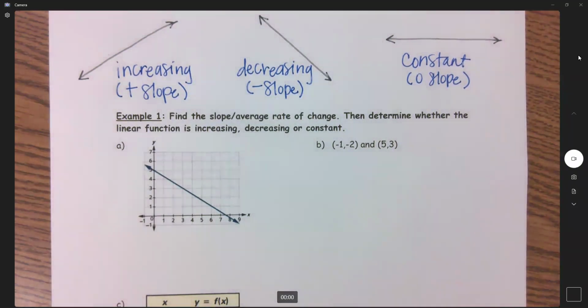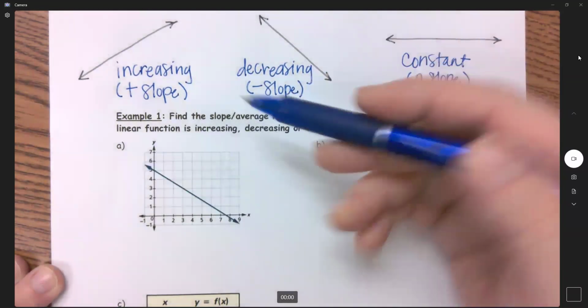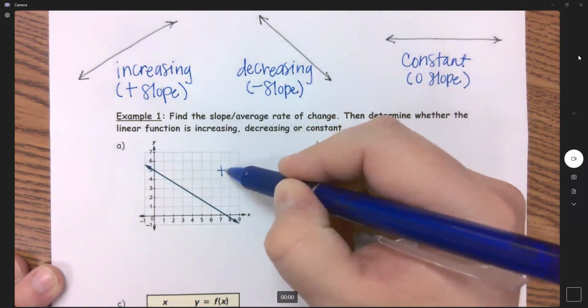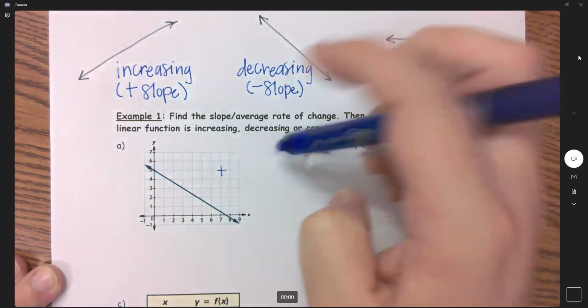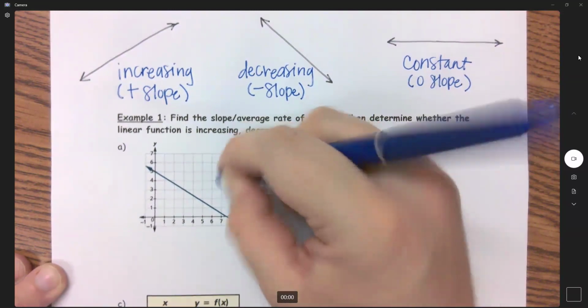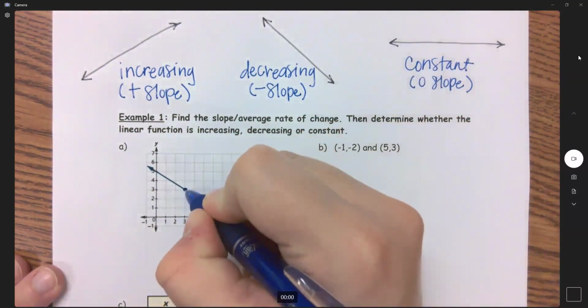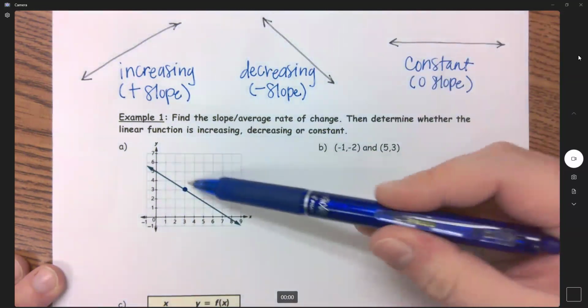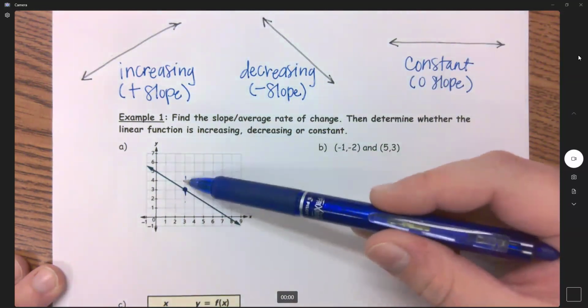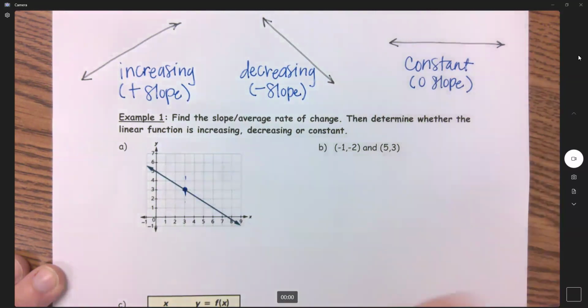I have several different ordered pairs here. What I am looking for is where this line is crossing that grid line perfectly, right? Where it's in the center. So for example, I have one right here because it is crossing perfectly at 3, 3, right?